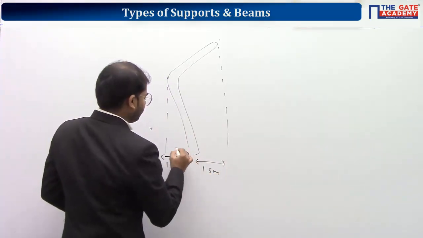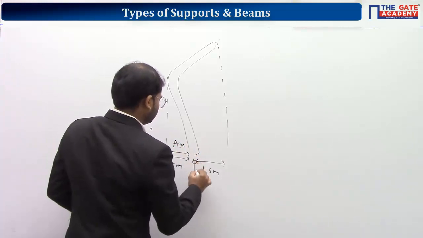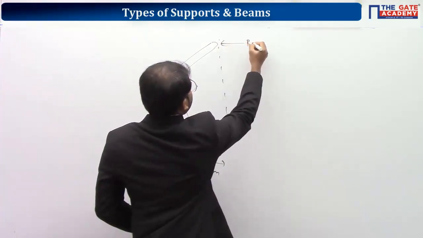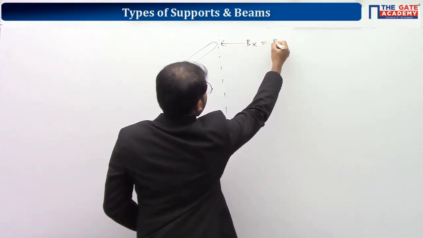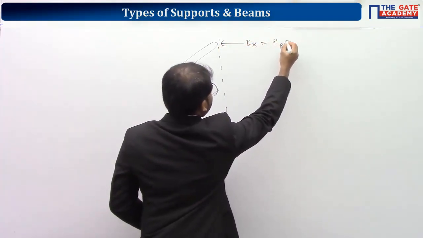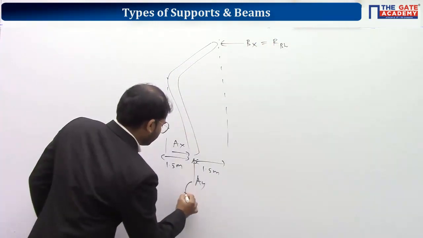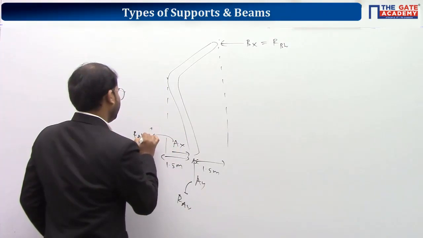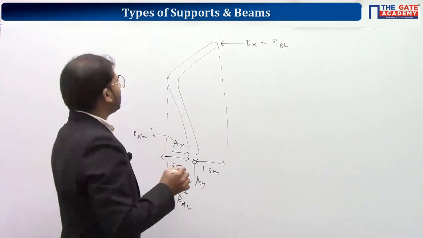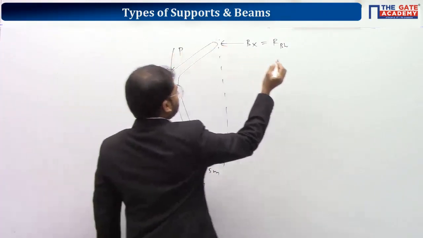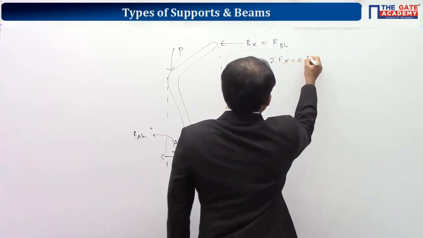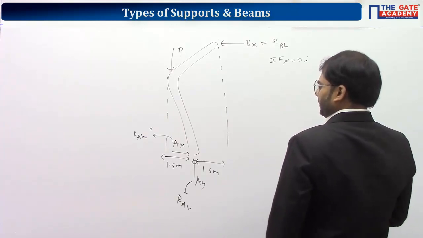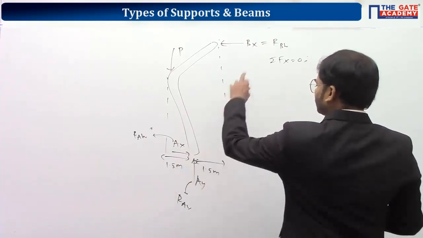So this is A. We have AX, we have AY, and here we have BX. BX means, according to the question, it is RBH. So this is RAV, and this is nothing but RAH. If you see the loading condition, the load applied is P. If you apply the equation, 2 forces are there.